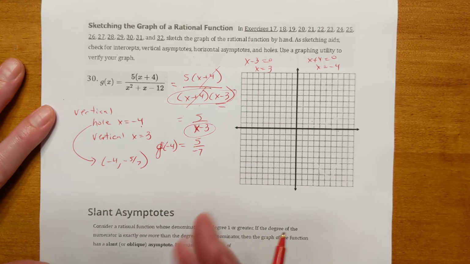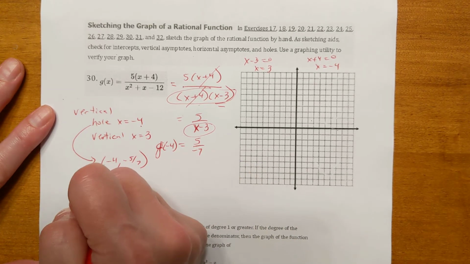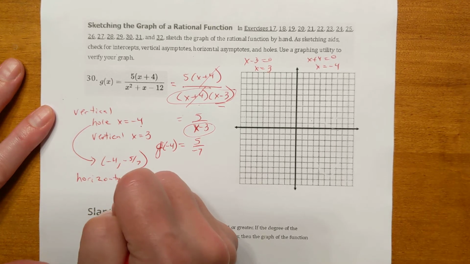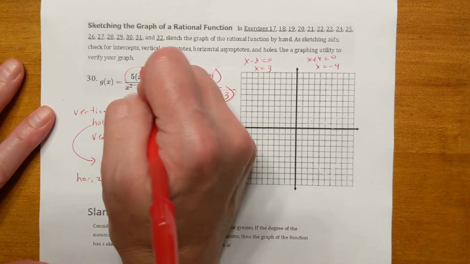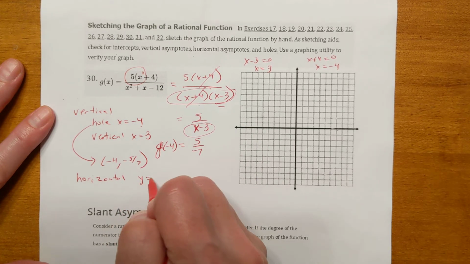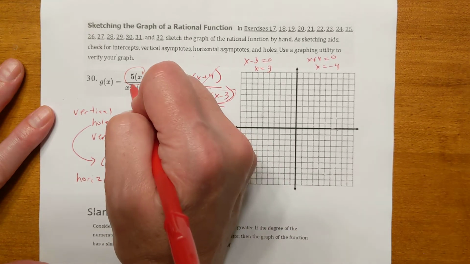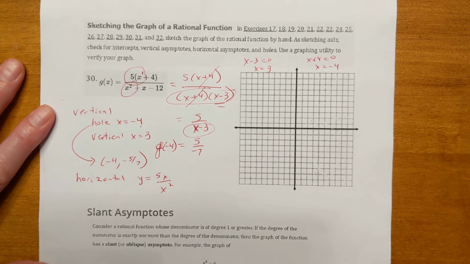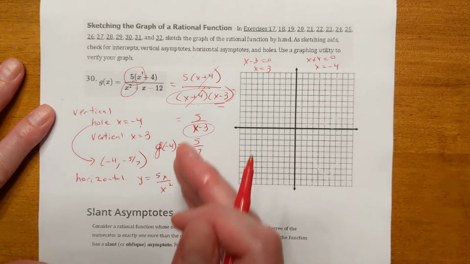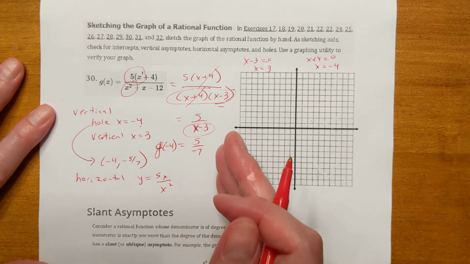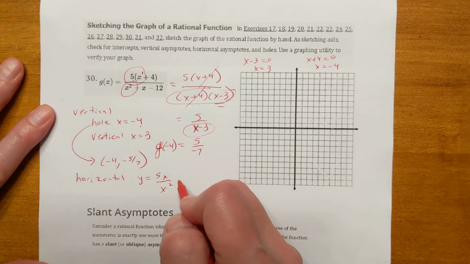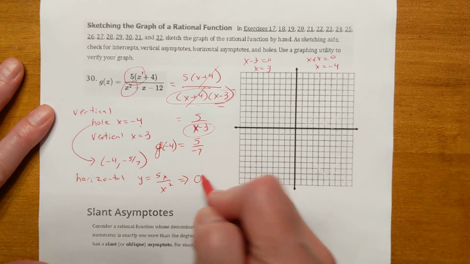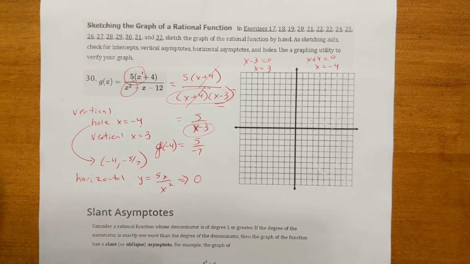All right, and then the horizontal asymptotes, again, look at the highest power on the top, and that's the 1 here. So that's 5x. And on the bottom, the highest power is x squared. So it's bottom heavy. There's more x's on the bottom than the top. So when it's bottom heavy, as it goes to infinity, the graph approaches 0.